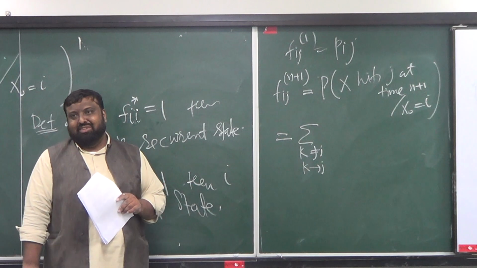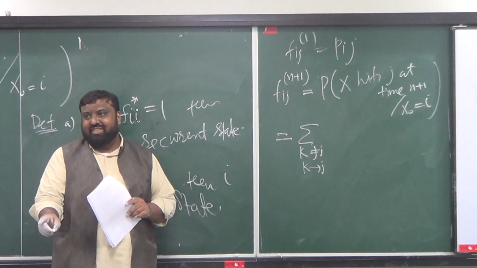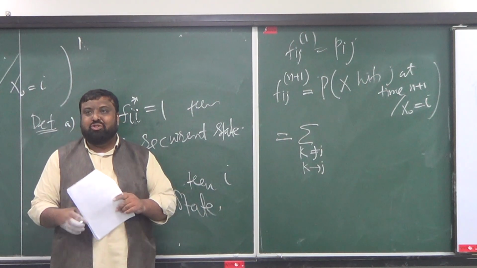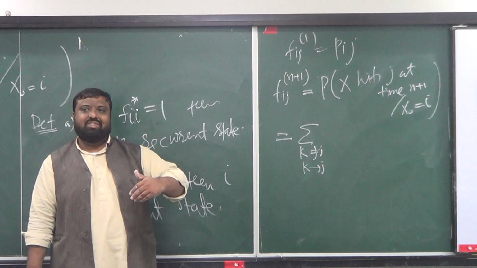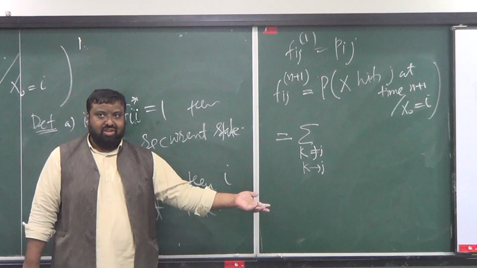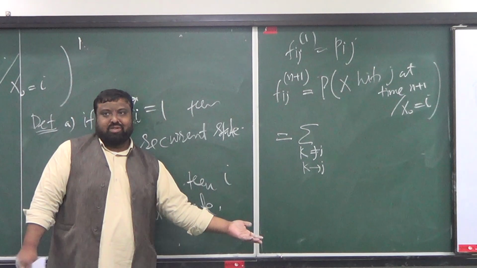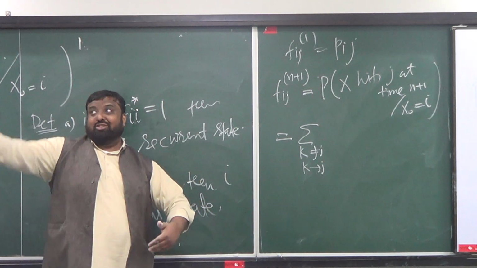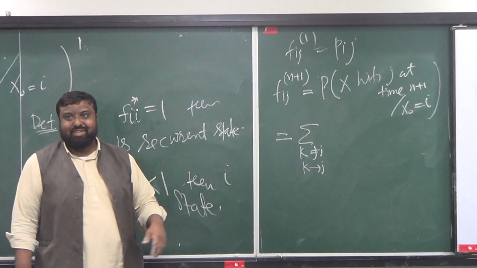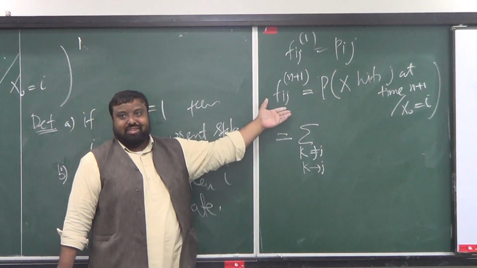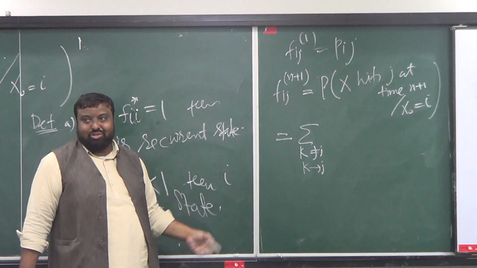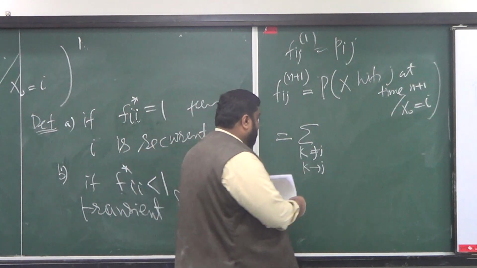It should be different to j, but it should be a state which is a step towards j. Because if it's a state which doesn't go to j, you already know the answer is 0. So it should take you to j. Okay?